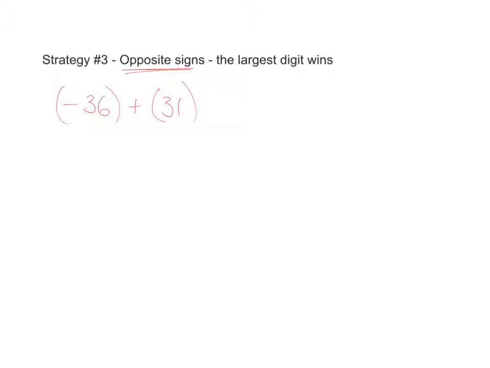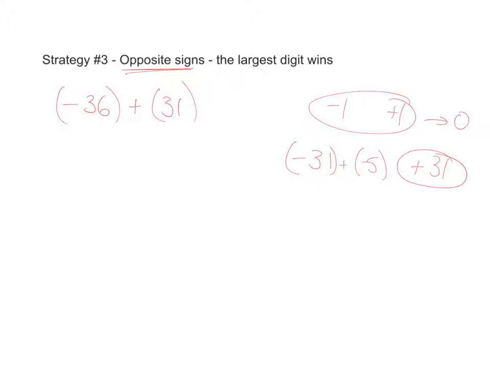So remember your zero principle: if you have negative 1 and positive 1, those add up to 0. So in this case, you're going to see that negative 36 can be thought of as negative 31 and a negative 5. And positive 31 over here is going to get zeroed out by that negative 31.